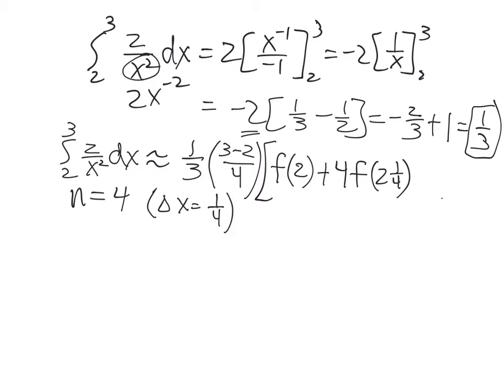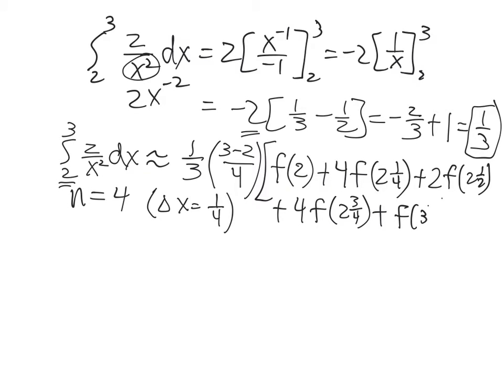And we're starting here at 2, so x sub 1 is 2 1/4. Then we'd have 2 times x sub 2, which would be what? 2 1/2, plus, well, back to 4 times 2 3/4, and then finally we're down to our last one, which is 1 times f of 3.